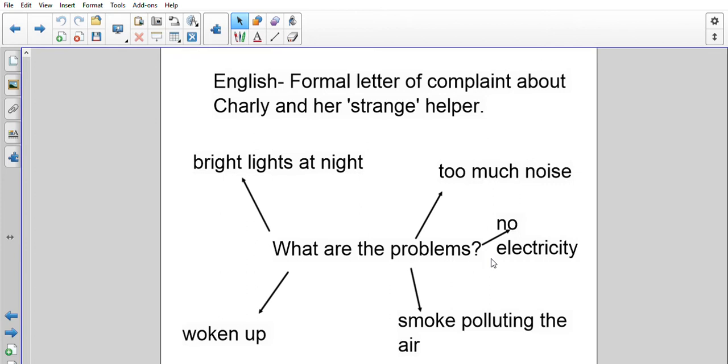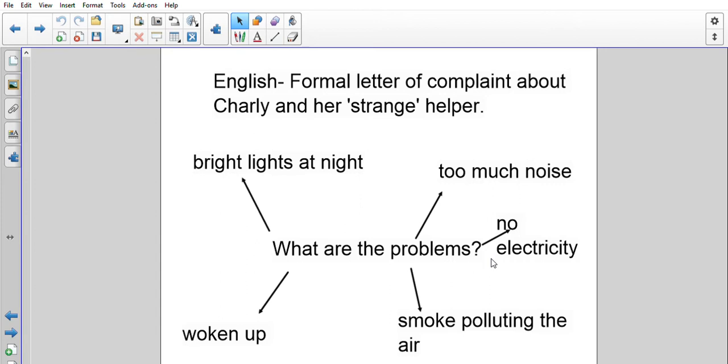I thought the bright lights at night might be a bit of a problem if you're trying to sleep and the lights are coming through your curtains. I know I'm a very light sleeper, so I know the noise would be a problem for me. That noise would keep me awake. Now, we know that the electricity in the street goes out as well, so that could be a big problem. Again, you might be woken up, and the smoke polluting the air could also be a problem.